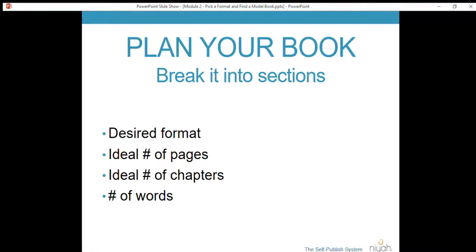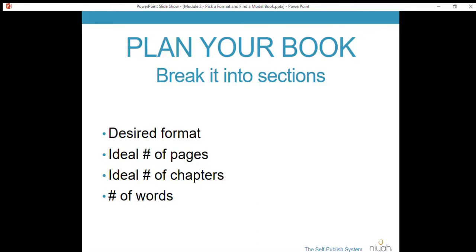So that's another type of nonfiction book that I actually did not mention earlier. An anthology is where you get contributions from other authors on your central theme. So you are the editor, you are the curator, if you will, but you're not writing 100% of the text.